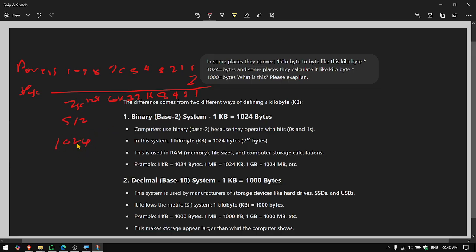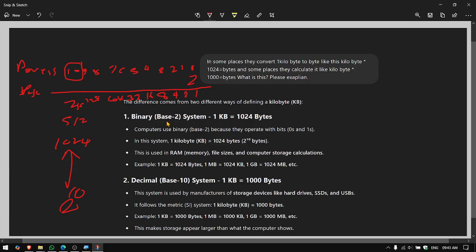Counting these, the 10th power is 1024. So 2 to the power 10 means 1024, right?